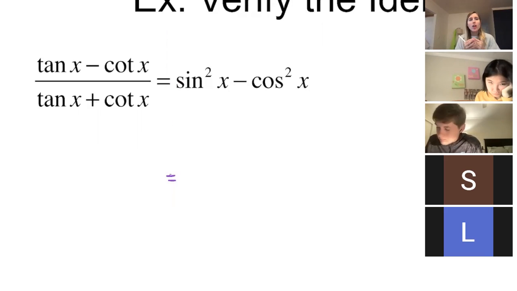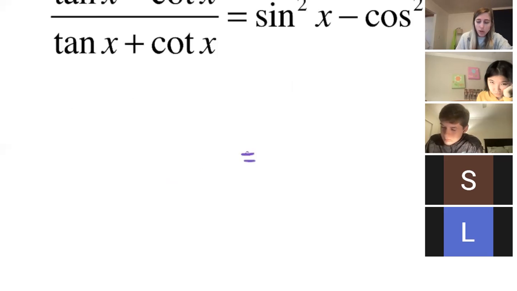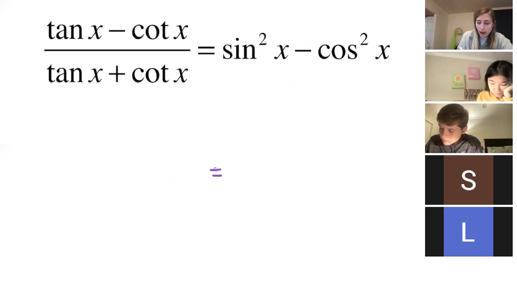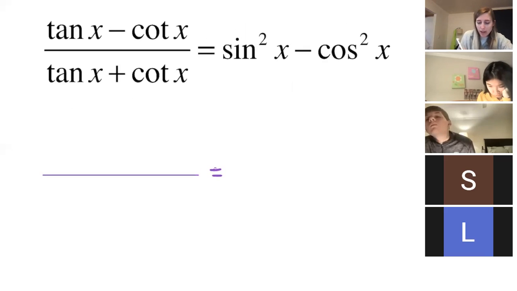On the left side, no identities except for the quotient identities stick out to me, like changing tangent and cotangent to be in terms of sine and cosine. So that's what I'm going to do first. I'm going to rewrite each of the tangents as sine over cosine, and each of the cotangents as cosine over sine.